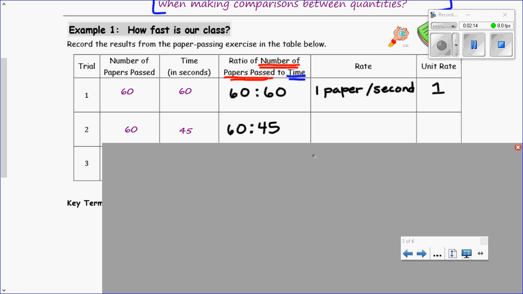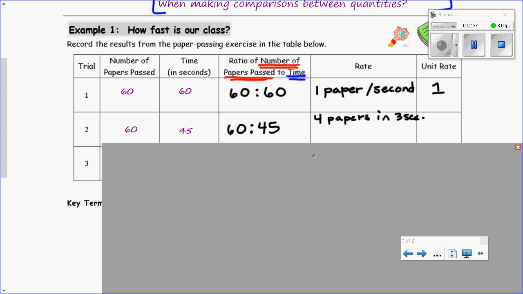This one isn't as easy, but you can reduce the ratio. If you reduce 60 and 45, 15 goes into both, so you get 4 to 3. Write this small: 4 papers in 3 seconds, but that doesn't really help us compare it to the first one.